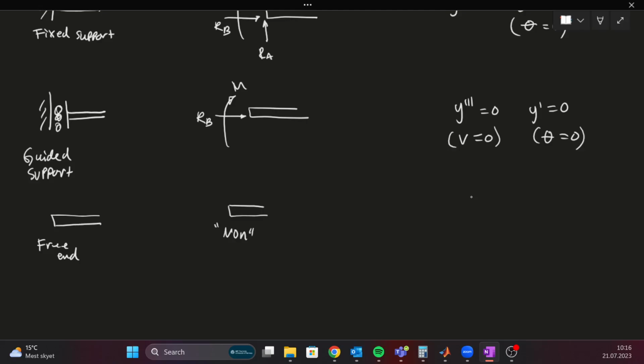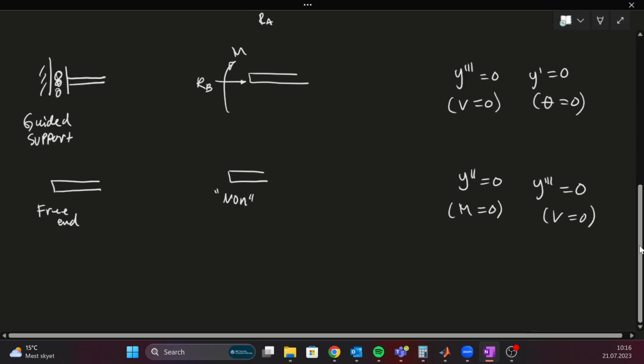However, the boundary conditions are y double prime equal to 0, and no moment, and also no shear. This means that the moment is 0. This means that the shear is 0. Okay.